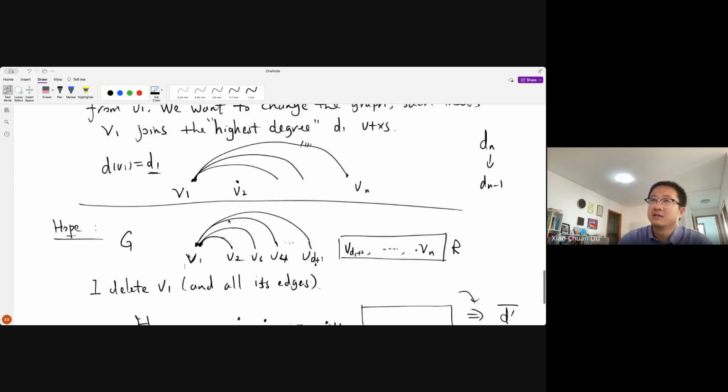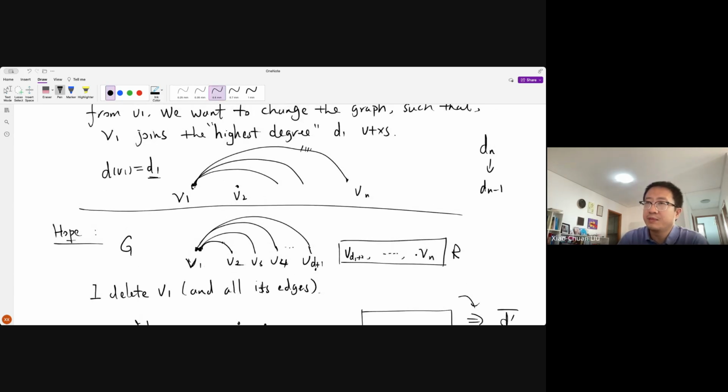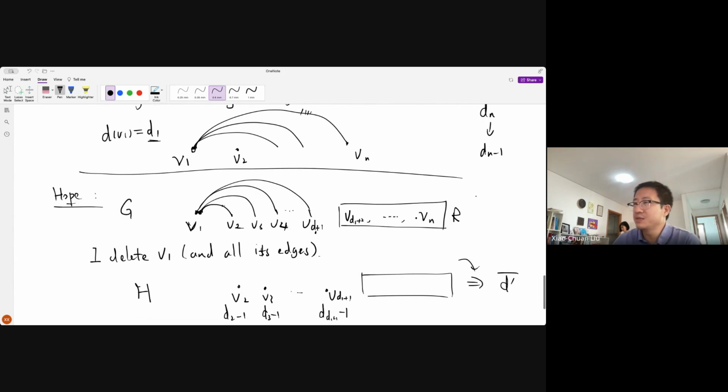But in reality, it's possible that V1 joins, for example, the last vertex Vn. If I delete it, I get Dn minus 1, and maybe V4 doesn't change.